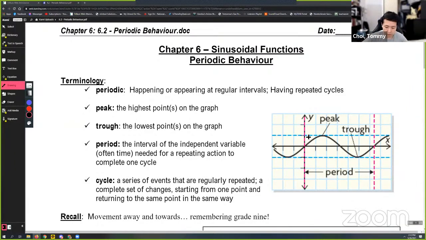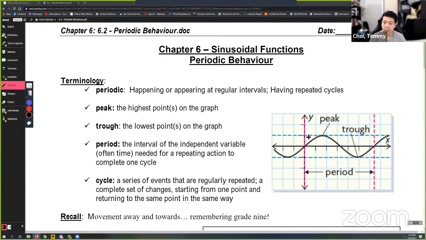If we were to drop it while holding on to it, it bounces up and down, up and down, up and down. It's a constant repeating motion. That special word to say that it's repeating is called periodic. So that's a special term that we're working on here, because the functions that we're working on are going to be periodic.